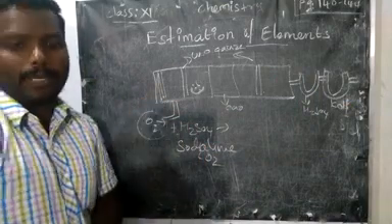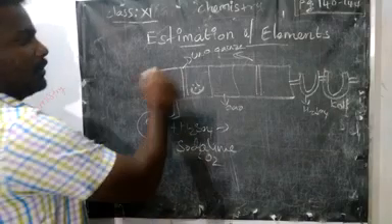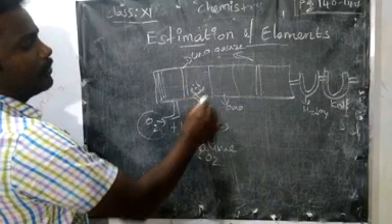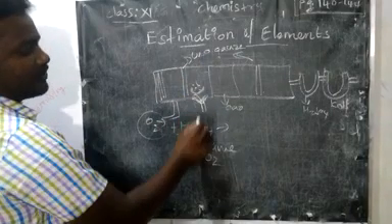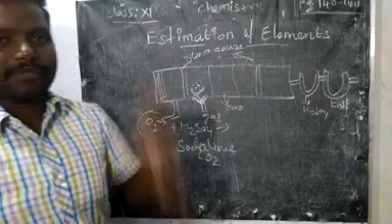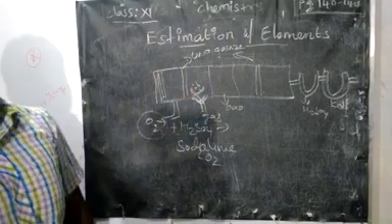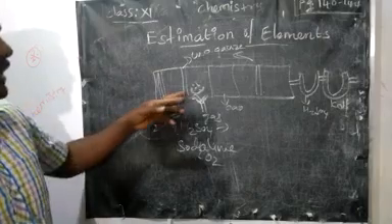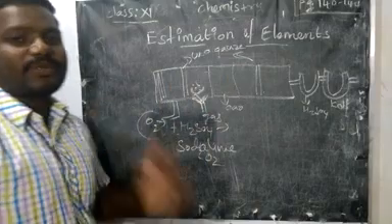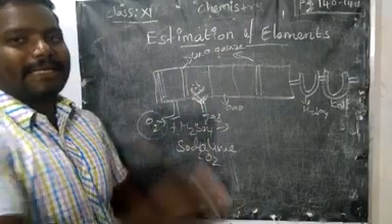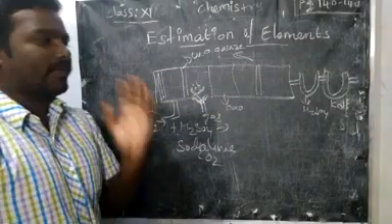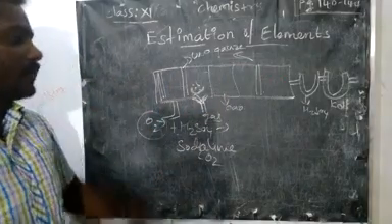Then the second part is the combustion tube. This overall apparatus is called a combustion tube, combustion burner, gas burner, right? In the combustion tube we have four parts. One is oxidized copper gauze. Already I told you, there are copper gauze wires which prevent the reverse reaction from taking place.